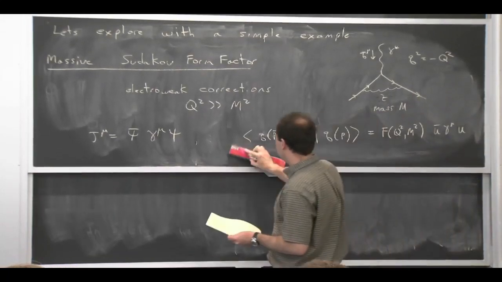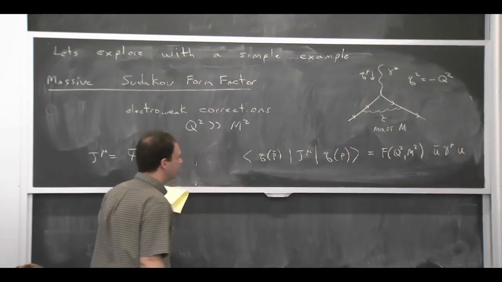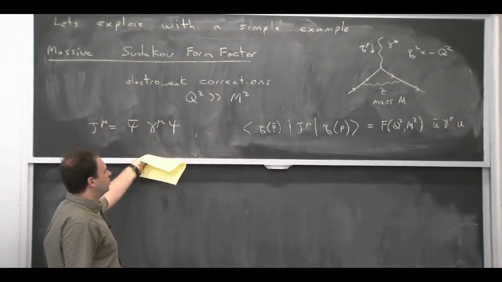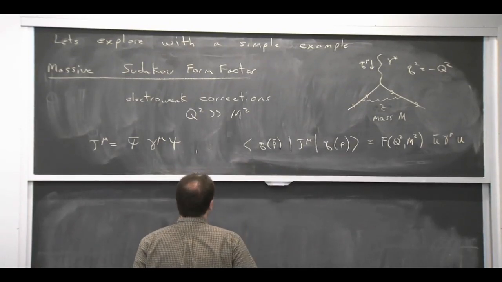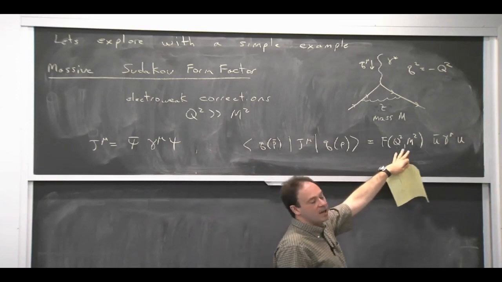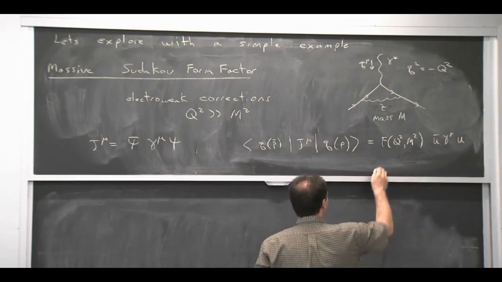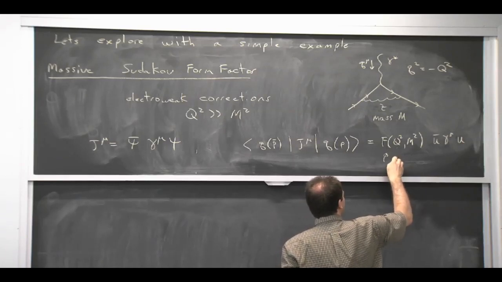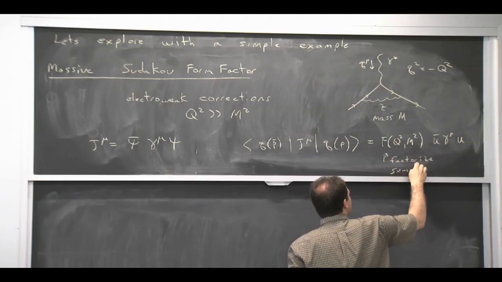M squared is acting kind of like an infrared regulator, right? So for this Z boson, there's not a soft singularity associated to it. And so what you'd like to do in this process is factorize Q squared and M squared, i.e. expand this thing in Q squared and M squared and maybe some logs of Q squared and M squared. So we want to factorize some logs.